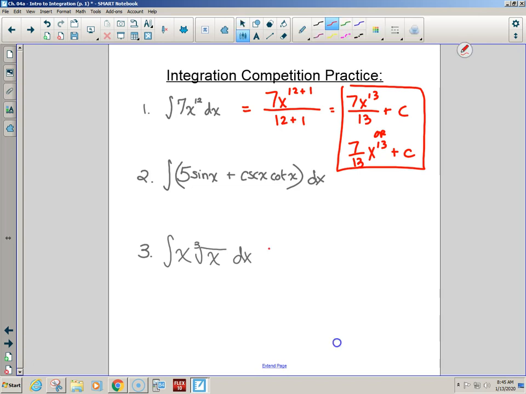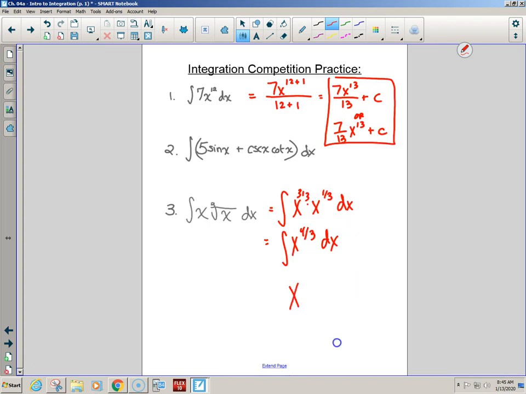As number 3, we would rewrite to be x to the 1 times x to the 1/3, which is x to the 3/3. And then you do the power rule together. And then power rule would add 3/3 and multiply by the reciprocal. But some of you might have needed to see that.